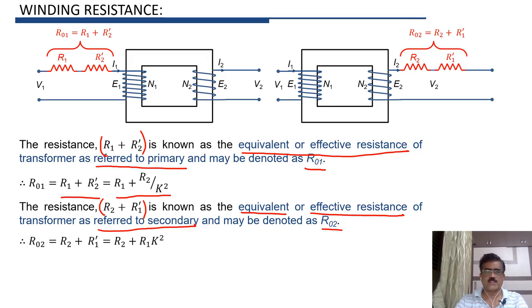So what is R02? R02 is nothing but R2 plus R1 dash, and R1 dash is R1 into K square, and therefore R02 is equal to R2 plus R1 into K square. So this is the equivalent or effective resistance of transformer as referred to secondary.